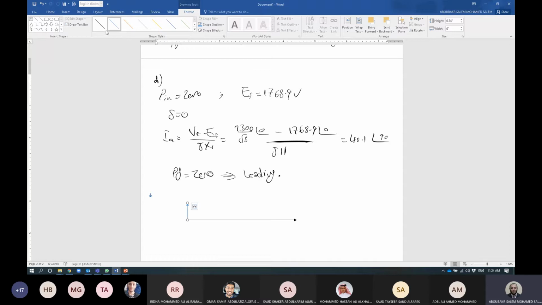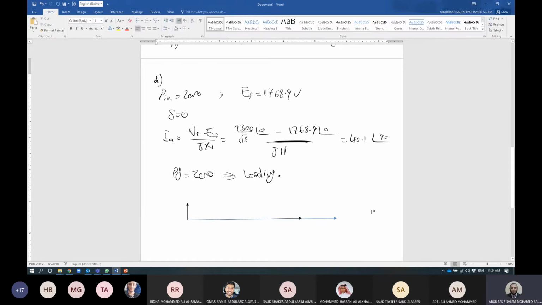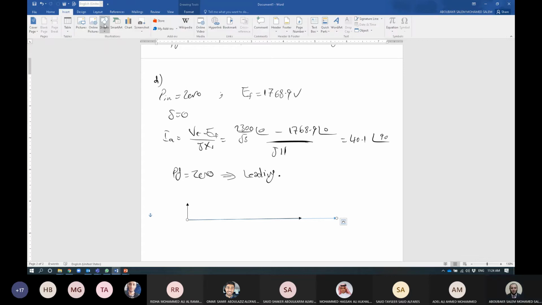If you would like now to substitute in the equation, substitute and plot the value of EF. You will find that EF will be represented like that. EF and V terminal should be in phase.